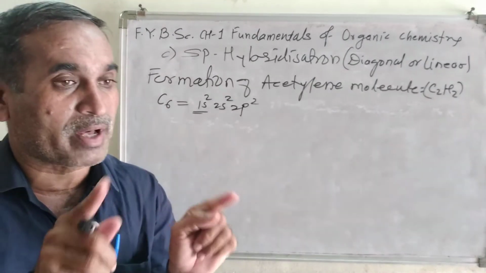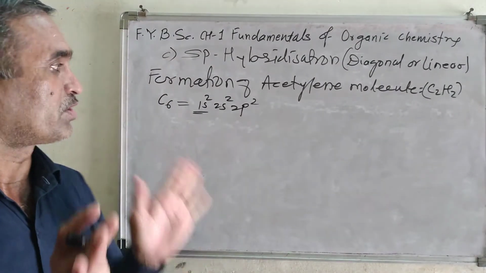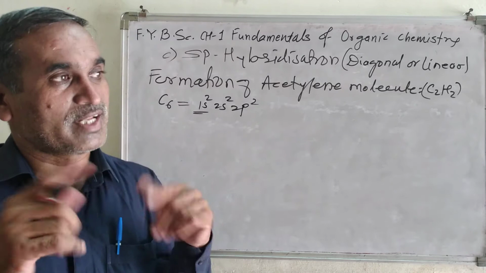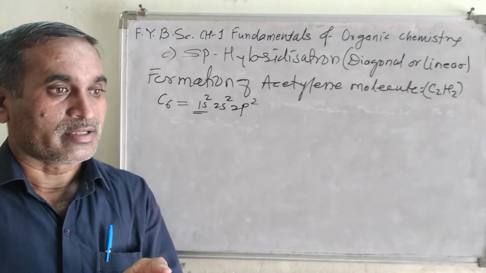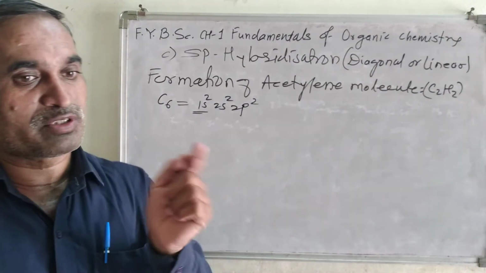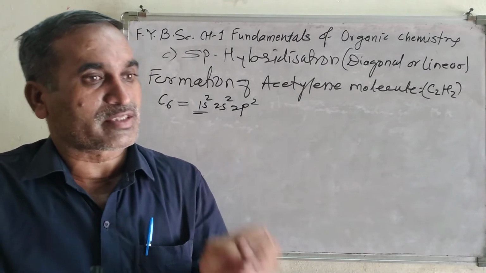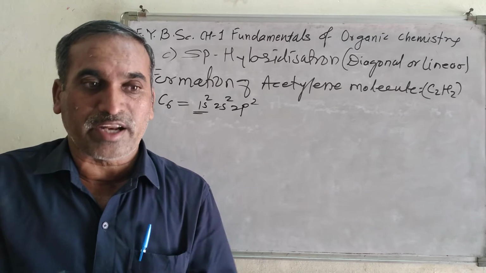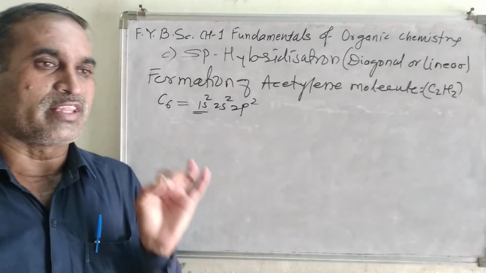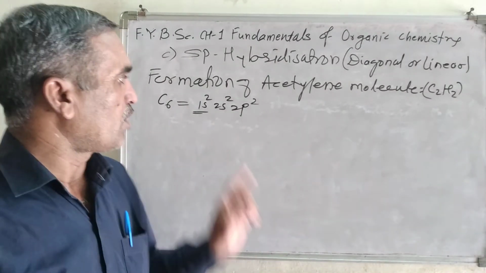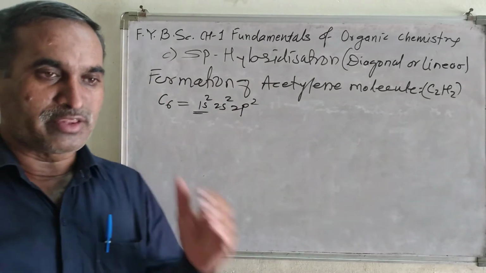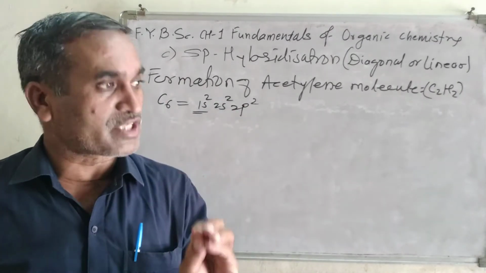It does not take part in the formation of bonding. Only the outermost electrons are capable of forming bonds, and therefore we are considering here only the valence electrons. Valence electrons are 4, and therefore carbon is tetravalent.